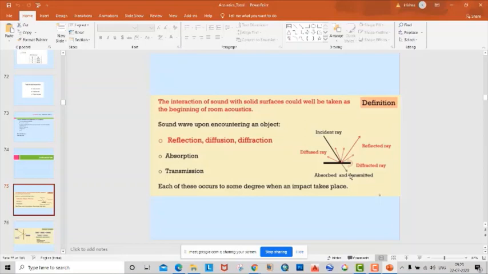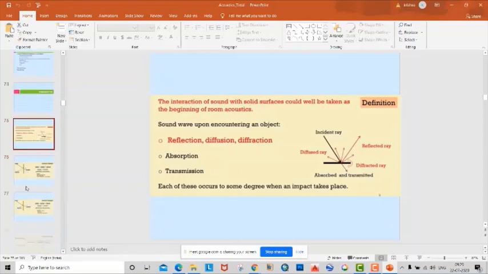This is the incident ray, and this was specular reflection. If we have a rough surface with much undulation, we get reflection in all directions, which is diffusion or scattering. The bending of sound waves is diffraction, and we know what absorption and transmission are.